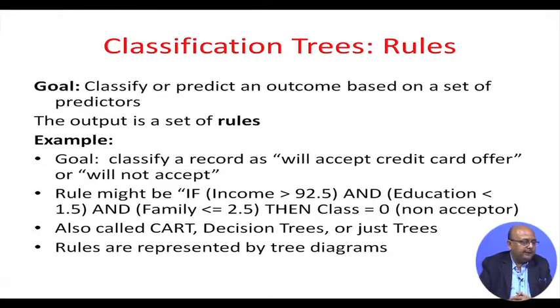So, this decision to accept or not accept is based on certain predictors, and these predictors are income, education and family, right. So, you are going to collect data on this, and you make certain judgments that if the income is above this, education is above this, the family size is this, they belong to a particular class, then you are going to offer them a credit card or you are not going to offer them a credit card.